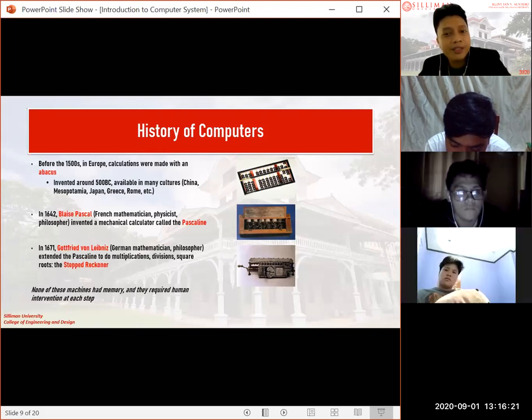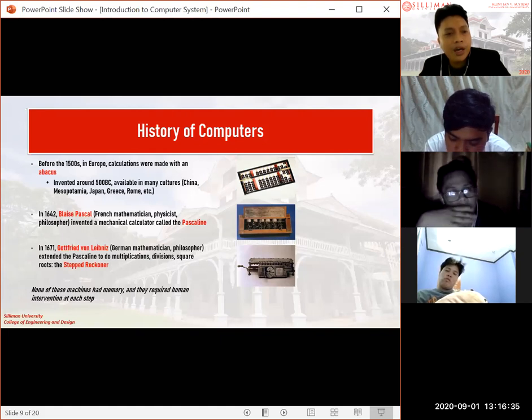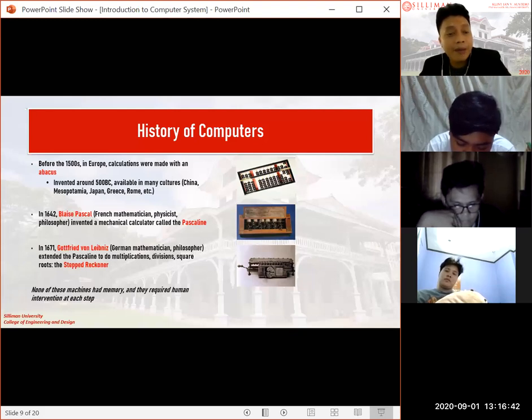So Blaise Pascal developed that hardware to help him with tax collection. And afterwards, in 1971, we had Gottfried von Leibniz, who made the step recorder.